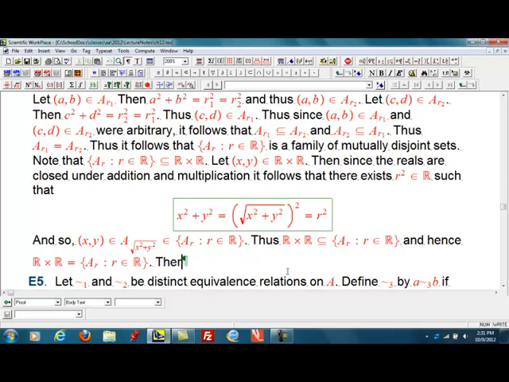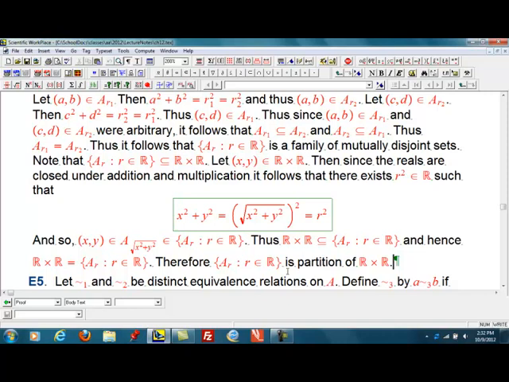What's our conclusion? The family of sets is a partition, right? That's the first part of the problem. You have 4 problems. They're pretty much like that: show that things are partitions.